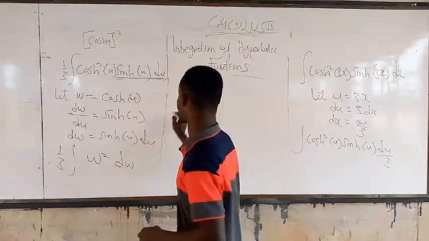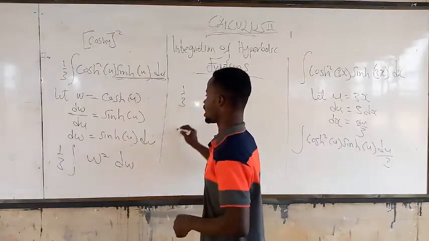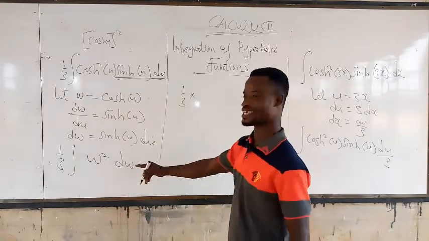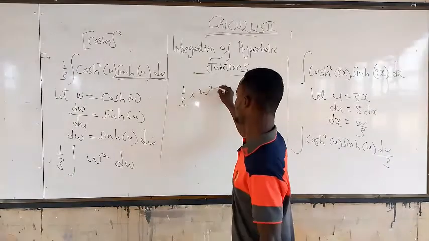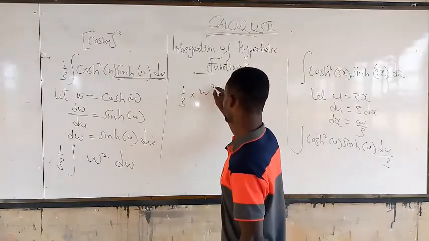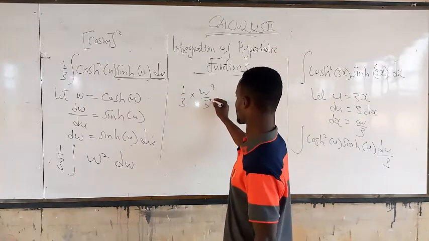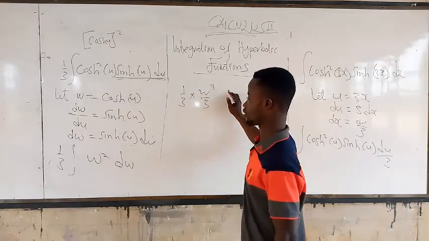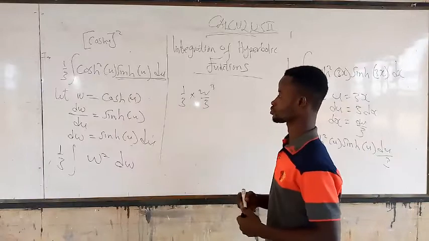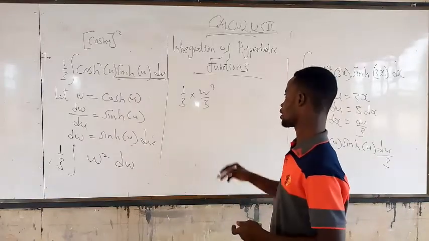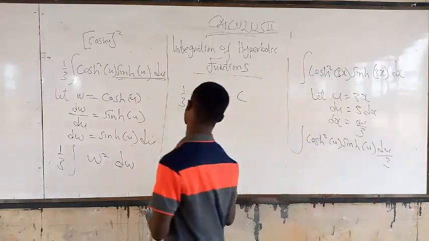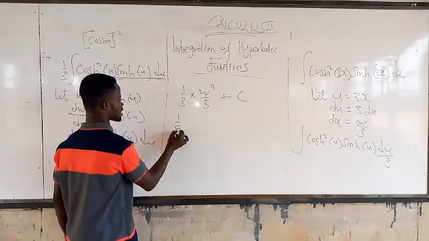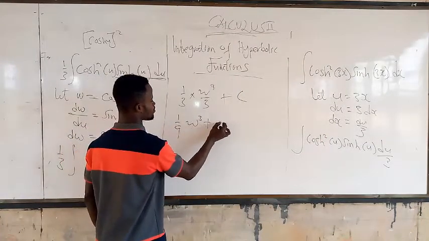So here we get 1 over 3, and when you integrate this, now you see it's in a form that we know already. So here we get w cubed over 3, plus C. So here we get 1 over 9 w to the power 3 plus c.